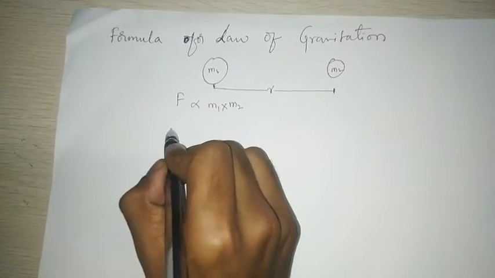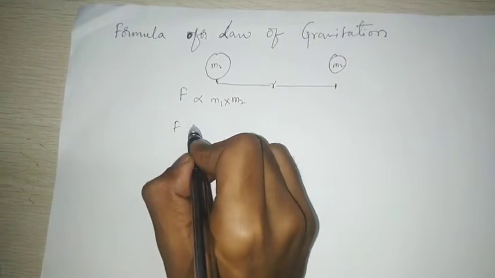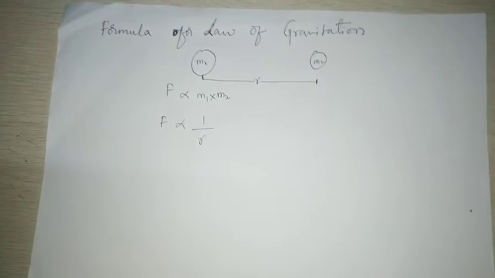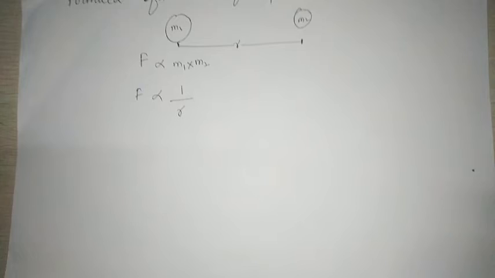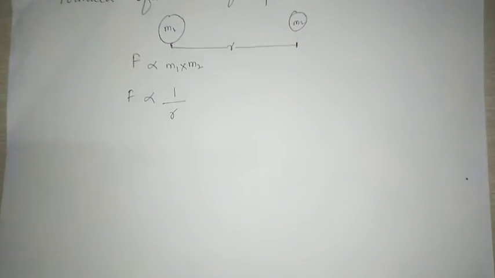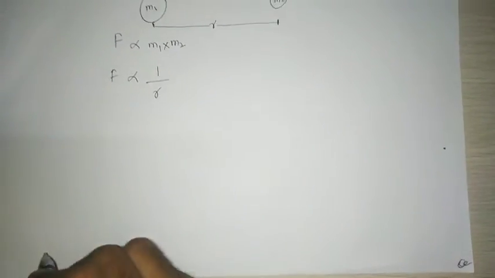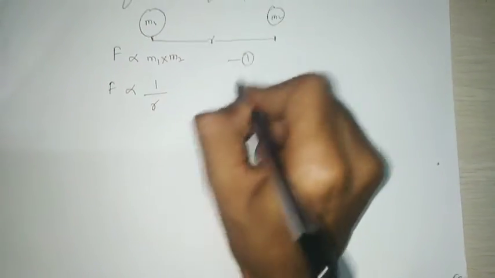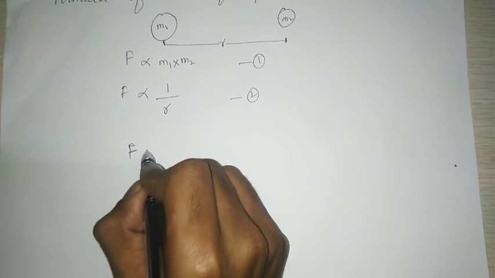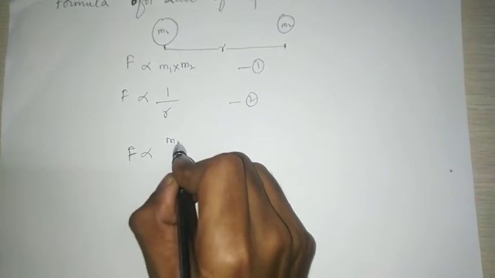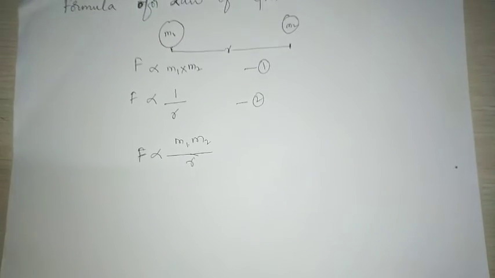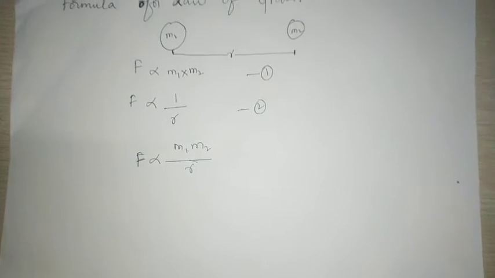As we discussed earlier, as the distance increases, there will be a decrease in the force. The more the distance, the lesser the gravitational force; the lesser the distance, the more the gravitational force. Now let's combine both equations 1 and 2. The force is proportional to m1 m2 divided by the distance between the objects.